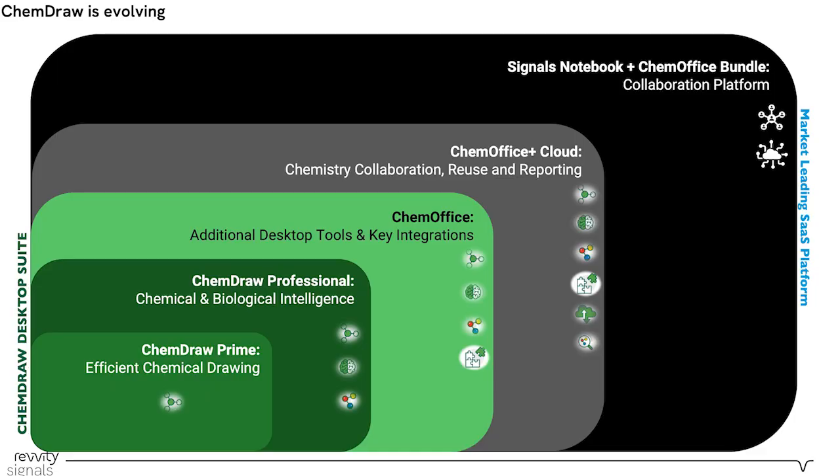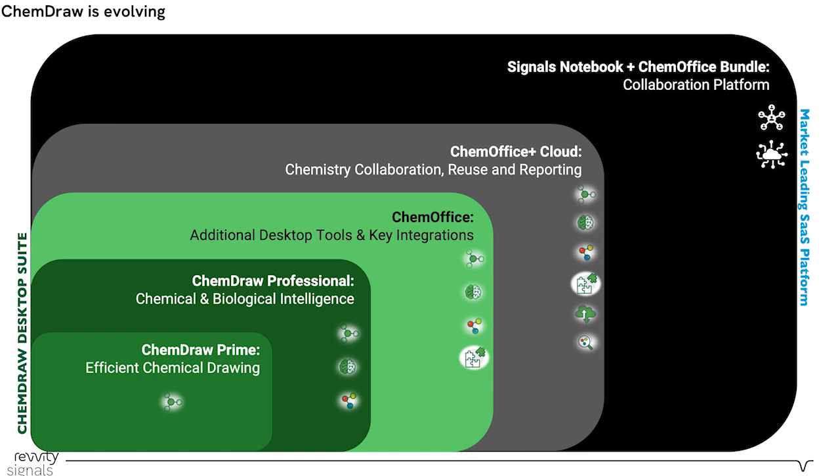Here's the evolution. This is what is now the past that you must be familiar with if you have been using ChemDraw: ChemDraw Prime, ChemDraw Professional, ChemOffice, ChemOffice Plus Cloud, and a bundle for ChemOffice Plus Cloud and Signals Notebook, including, what's not shown here, an academic bundle for both ChemOffice Plus Cloud and Signals Notebook.